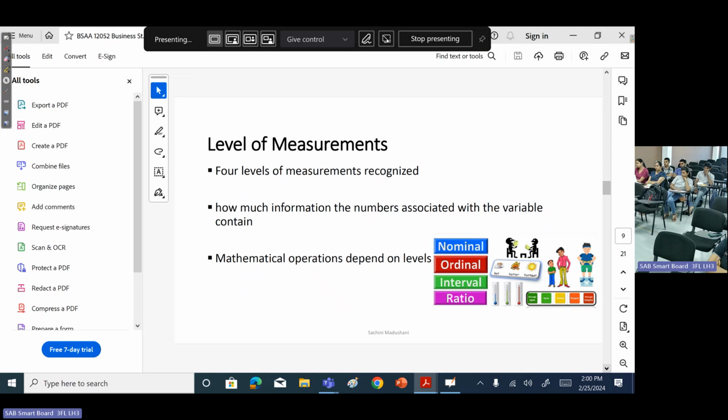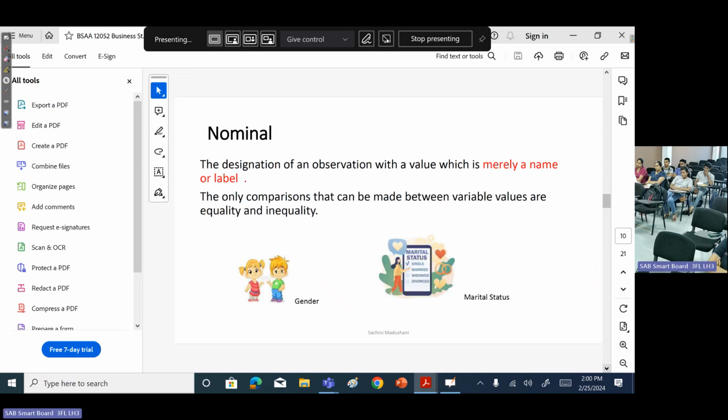Basically there are 4 levels of measurement: nominal, ordinal, interval, and ratio. Then we do them one by one. The first one is the nominal level of measurement. It's the basic one.